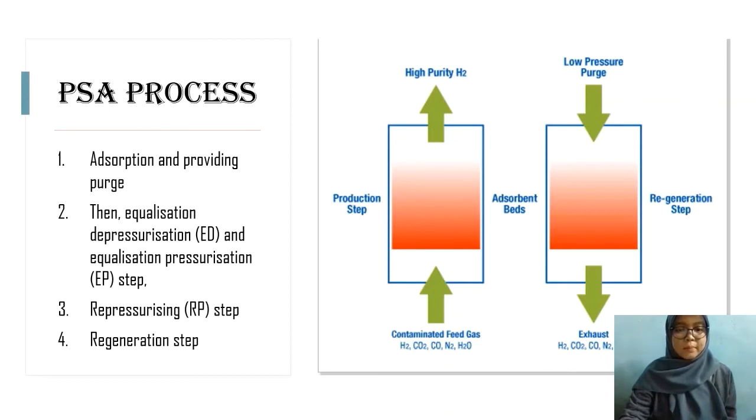Next, the pressurizing step, which is when the bed is pressurized with inlet feed. And finally, the regeneration step, where the pressure is reduced to atmospheric pressure and purged by a fraction of product.